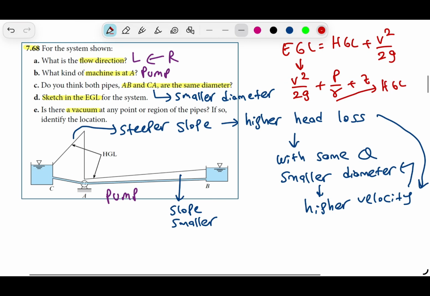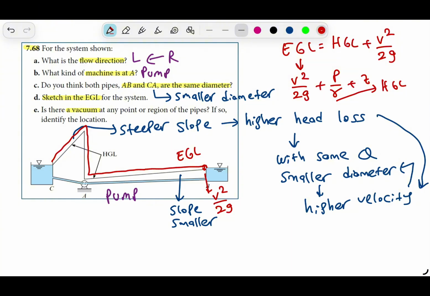So we should draw a line which is V² over 2g higher than the hydraulic grade line. This is the energy grade line, and as I mentioned, the distance between these two lines is V² over 2g.